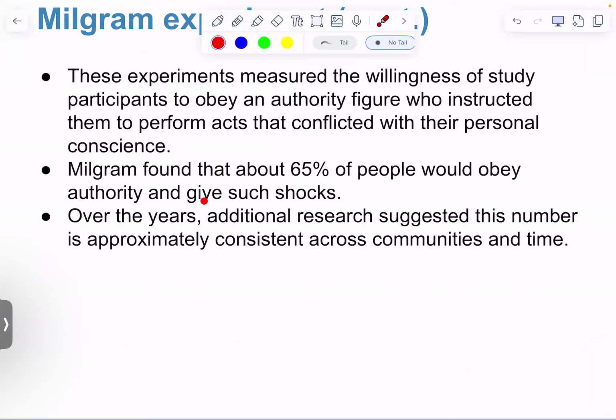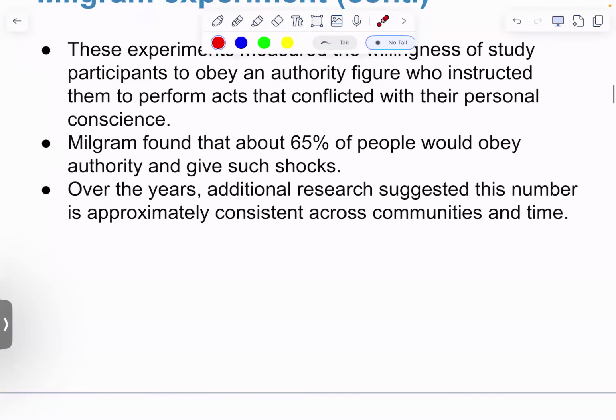That's shocking. But over the years, additional research suggested this number is approximately consistent across communities and time, which is, I mean, possibly even more shocking. And so this tells us that the probability of someone obeying authority, even though they probably don't want to, is 0.65.